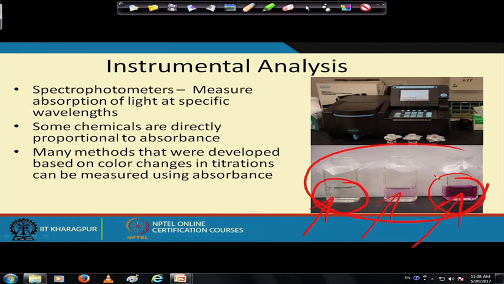A spectrophotometer measures the absorbance of light at a specific wavelength. Here again we'll have certain standards, where the standards will have certain absorbance numbers, and that absorbance number will be used. So based on a certain concentration, there is a certain absorbance, and then when you run the unknown sample, whatever absorbance value you get for it, the machine will calculate back the concentration.